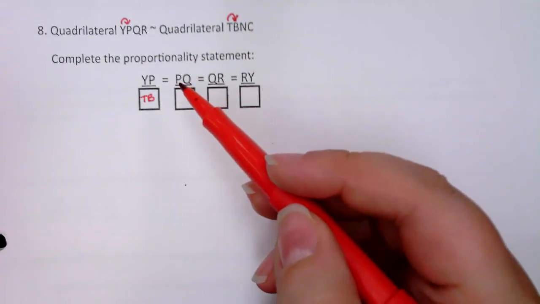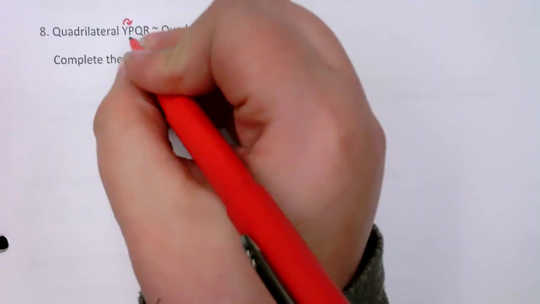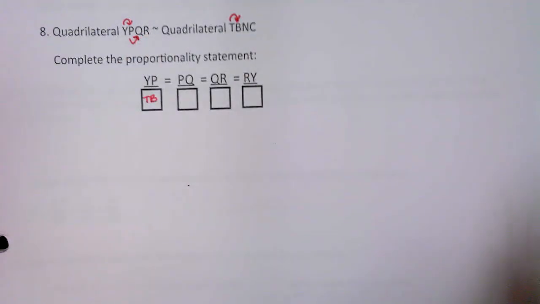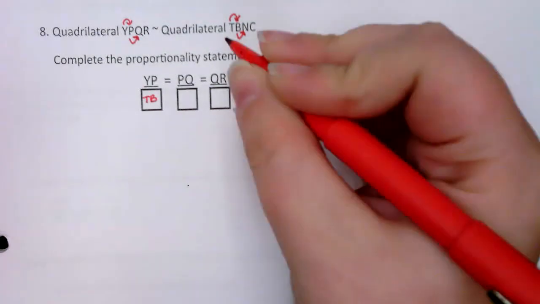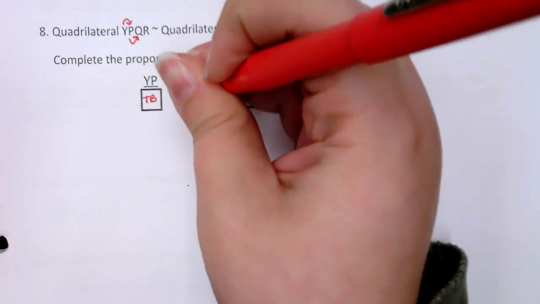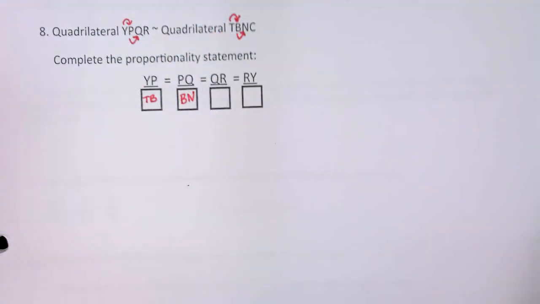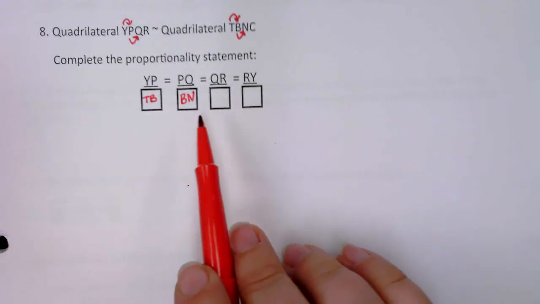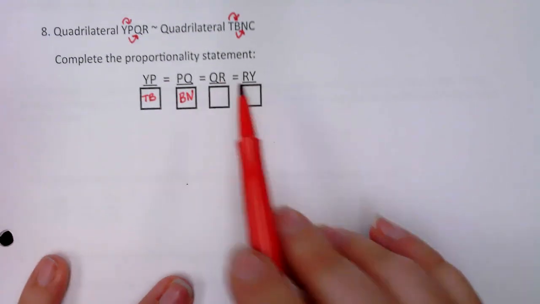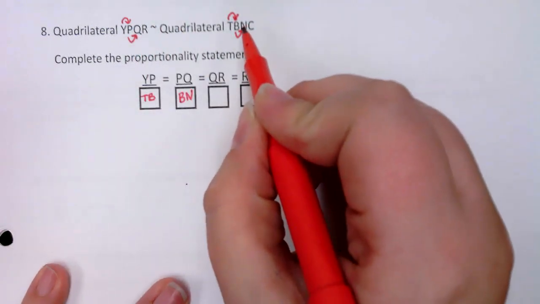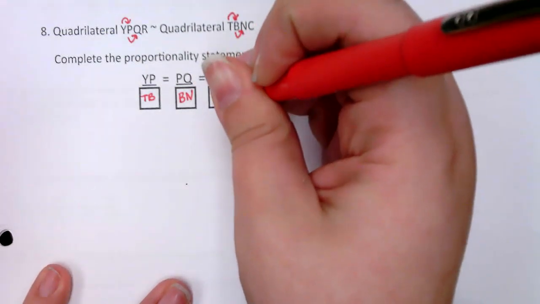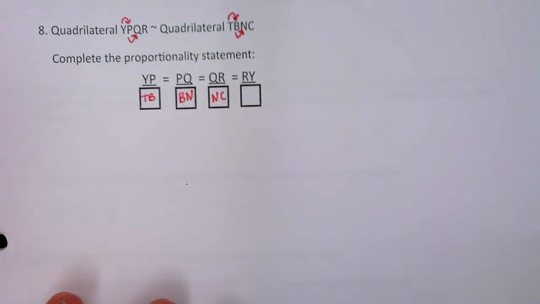Same thing for the next one. P to Q goes from the second one to the third one. So I repeat the same thing in the other quadrilateral. The second to third would be B to N, I'm sorry. Now for QR. So Q to R are these last two. The last two in the second quadrilateral are N and C. There we go.